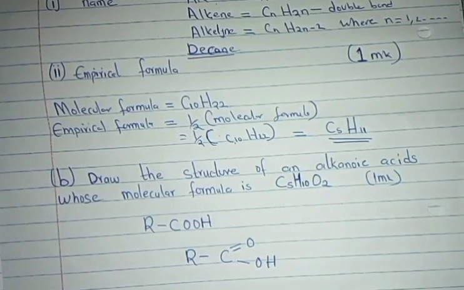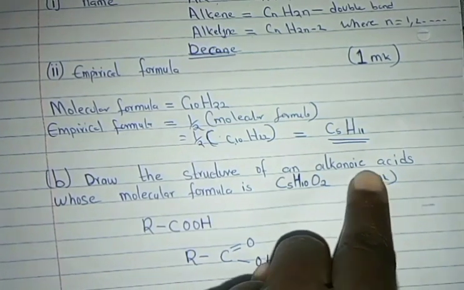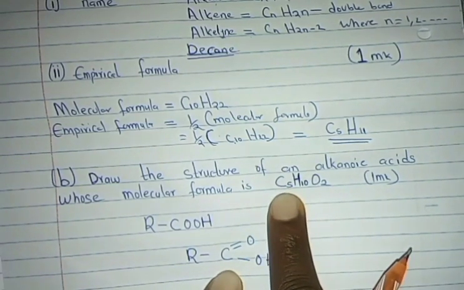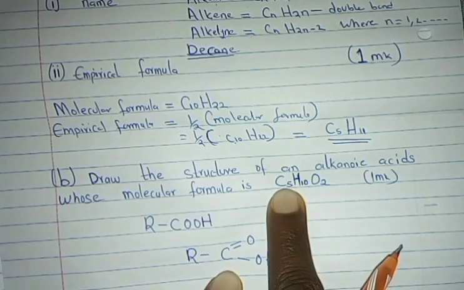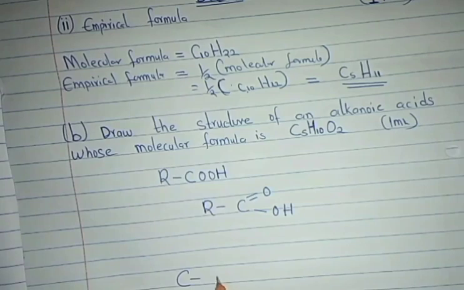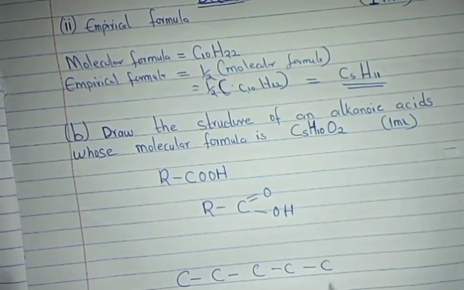In fact, we have alkanoic acids and alkanols. But now we are dealing with alkanoic acid. So this is the formula. When you come back to the formula, we have five carbons. So we start by drawing the carbons: 1, 2, 3, 4, 5.